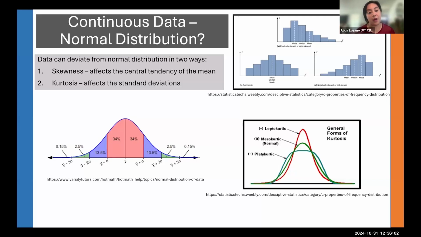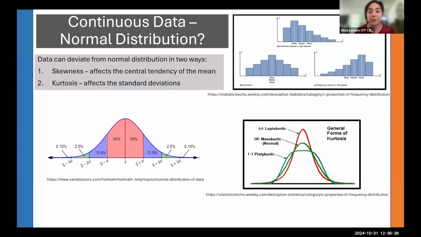In the bottom right figure, it shows essentially three types of kurtosis, right? You have leptokurtic, mesokurtic, and platykurtic. This comparison really helps to illustrate how kurtosis changes the shape of the distribution curve. Your mesokurtic distributions are normal, with moderate tails.